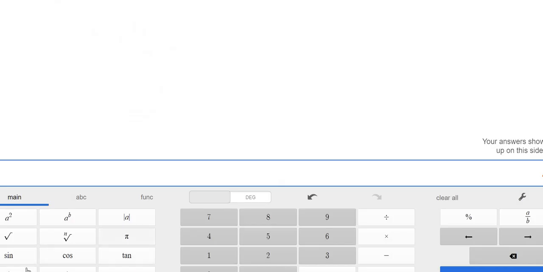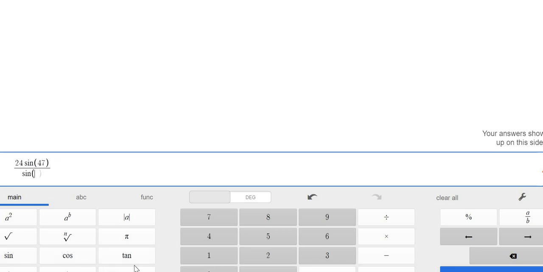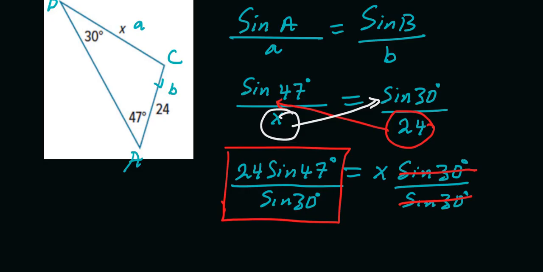All right, so 24 sine 47 divided by sine 30, and that gives us 35.10497768.